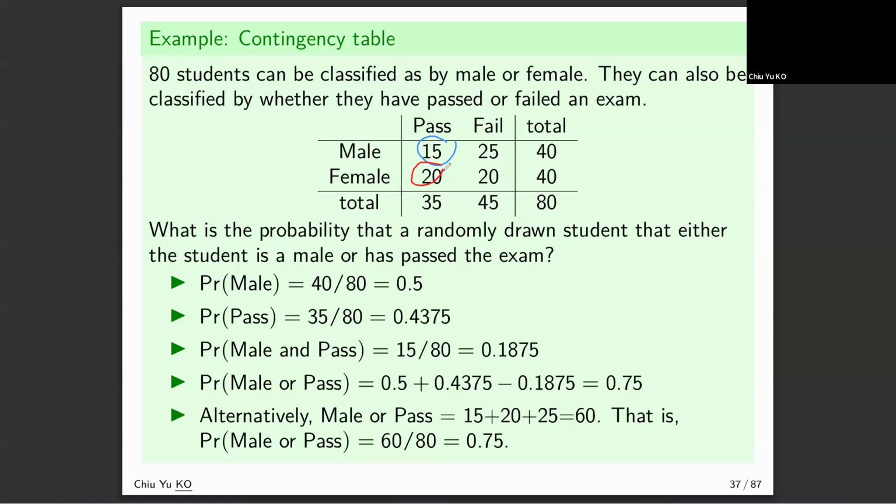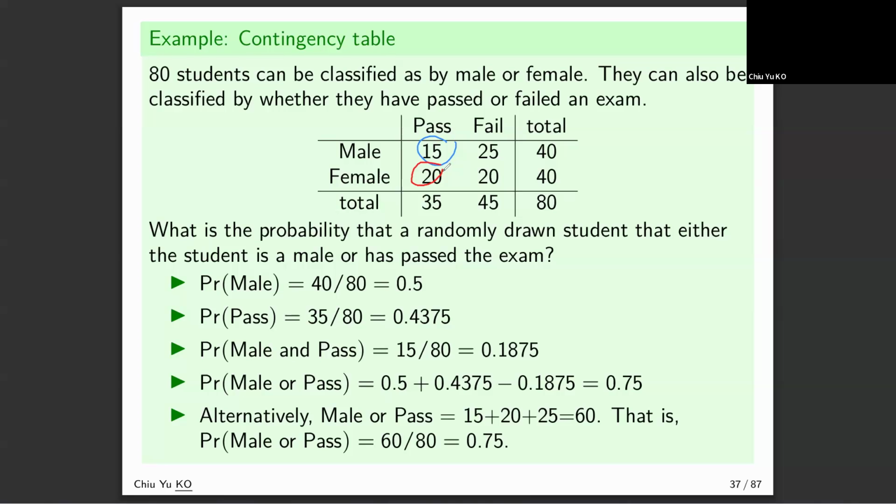What we do is take the red circle plus the blue circle minus the orange, which is the green. The red, male, is half of them, because 40/80. You randomly pick a guy or girl, whether pass or fail, it's 35/80. And male and pass, as I said, is 15/80. That's what the table gives you. Then OR will be just red plus blue minus orange is green.